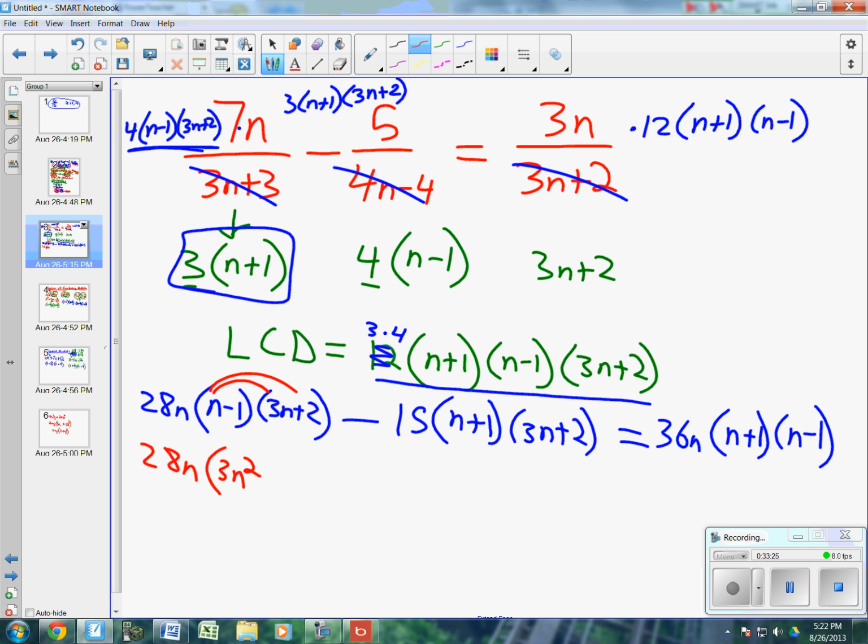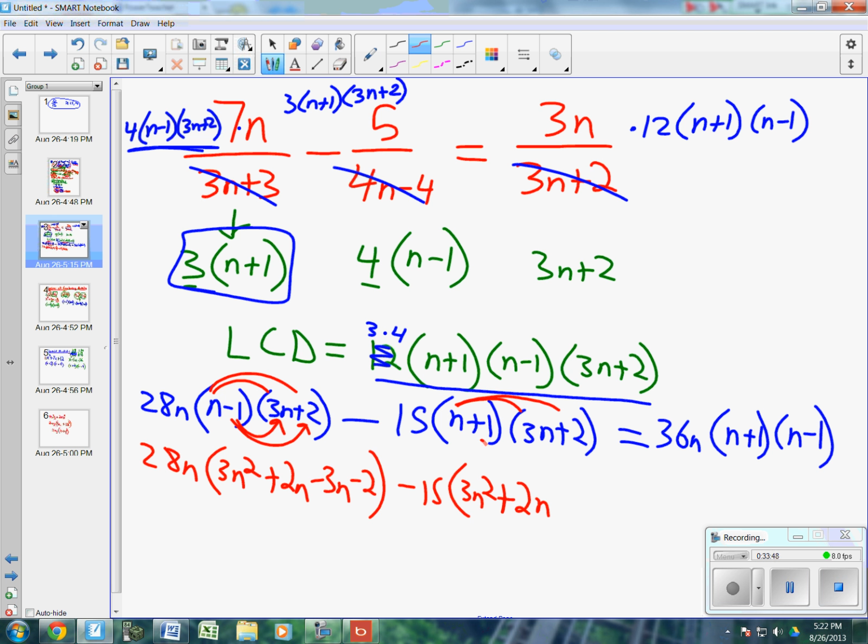N times 2 is 2n. Negative 1 times 3n is negative 3n. And negative 1 times 2 is negative 2. And over here I have minus 15 times: n times 3n is 3n squared. N times 2 is 2n.